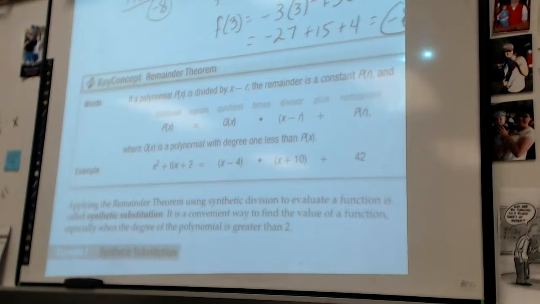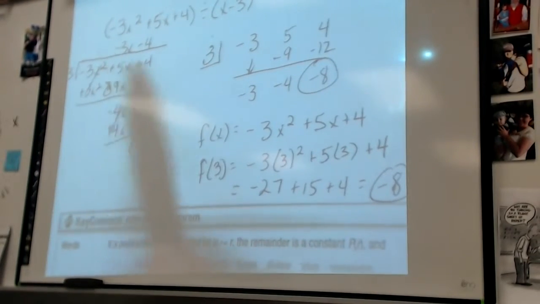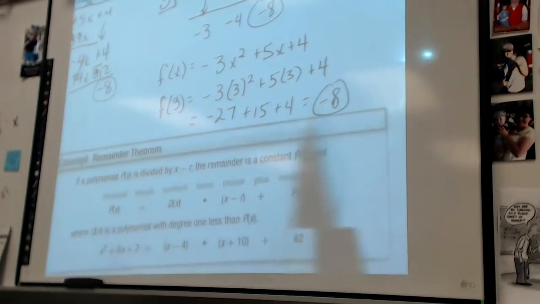Your synthetic division would be kind of long, but it would probably be a lot quicker than sticking that value in for a whole bunch of x's and then using your calculator. So synthetic substitution is just a way to use synthetic division to evaluate a function. Notice that when we did this, we weren't worried about the quotient or any of that. All we were worried about was what we were getting for the remainder.